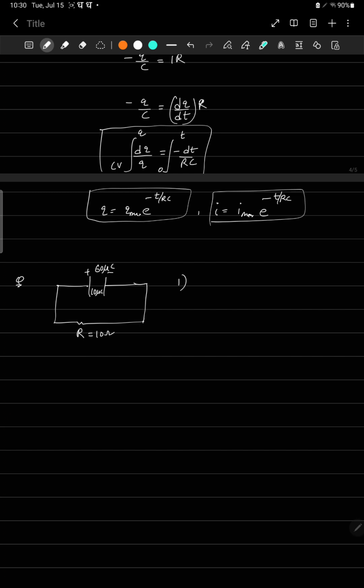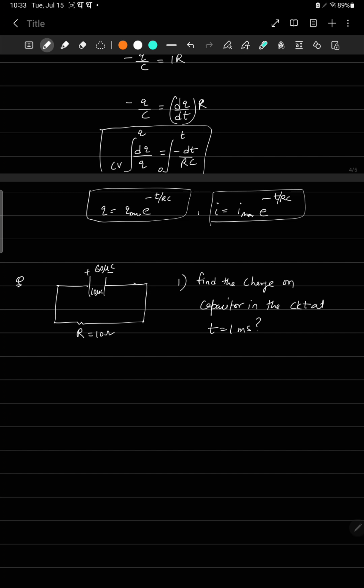The question is: find the charge on the capacitor in the circuit at t equal to 1 millisecond.